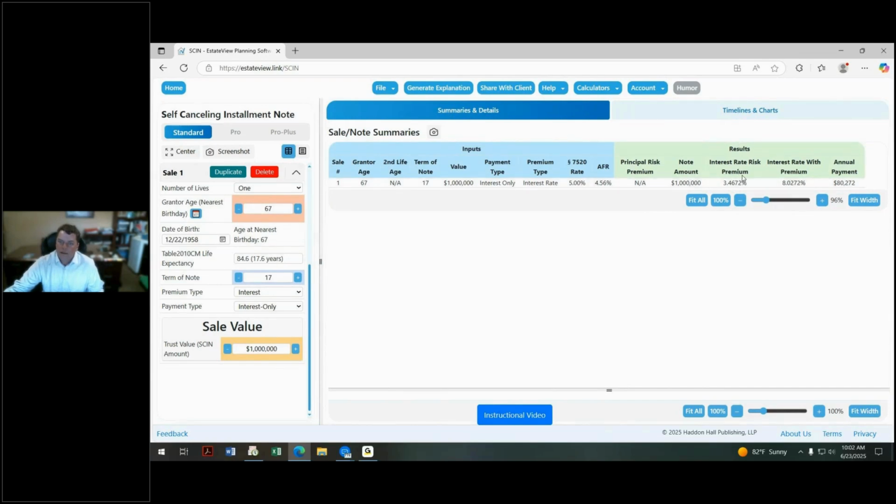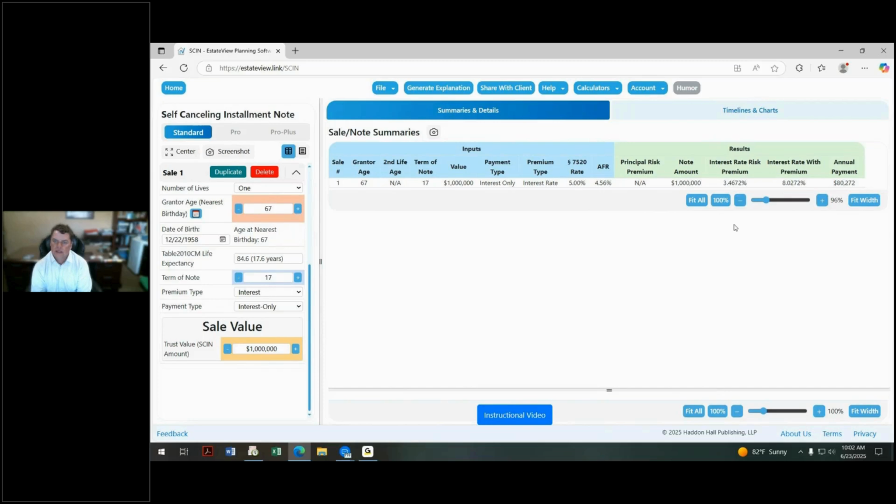So the interest rate risk premium is calculated at 3.4672%. So that means that the risk, according to the IRS, of a 67-year-old dying during a 17-year note is equal to 3.4672% of additional interest.